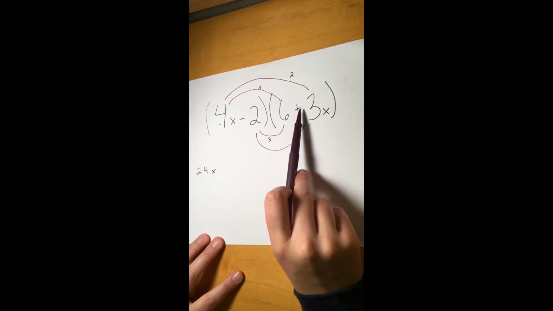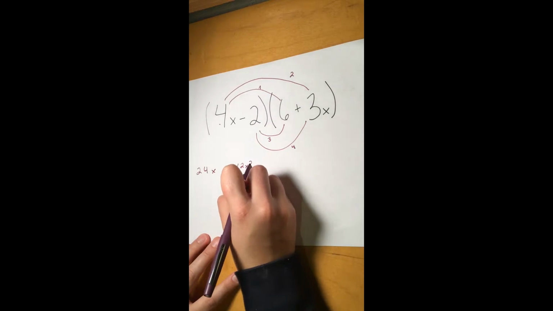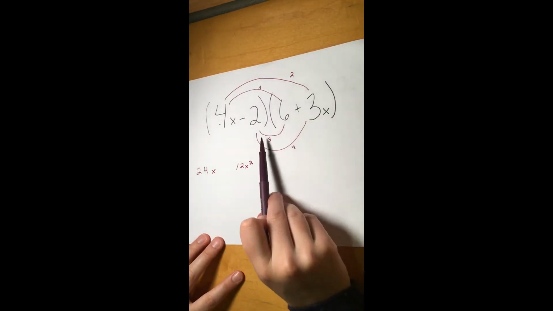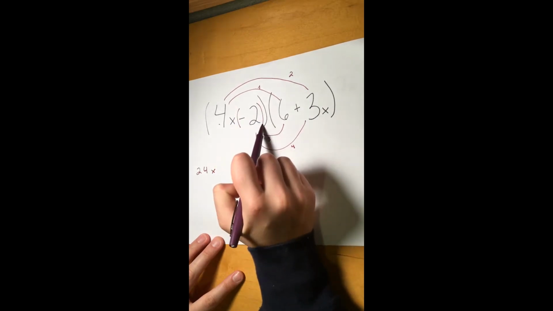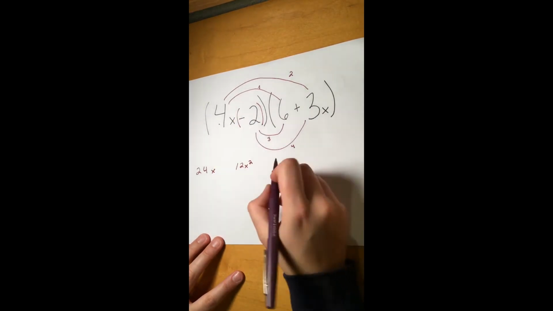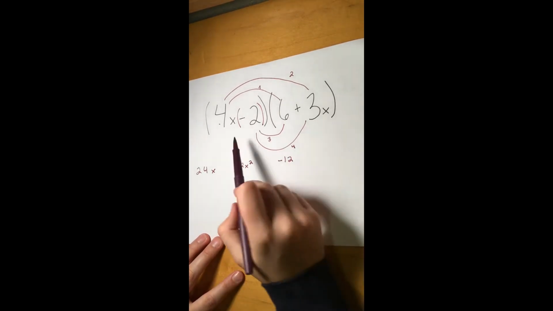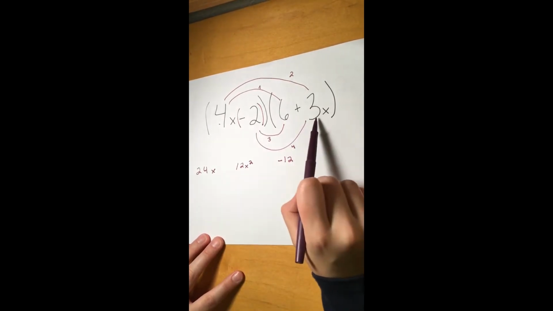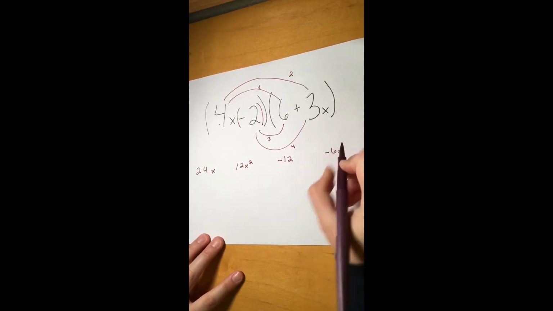We do it just like we would before, is 12x squared. For the third move, we have this negative, make sure it stays with your 2, times 6, negative 12. And lastly, negative 2 times 3x, negative 6x.